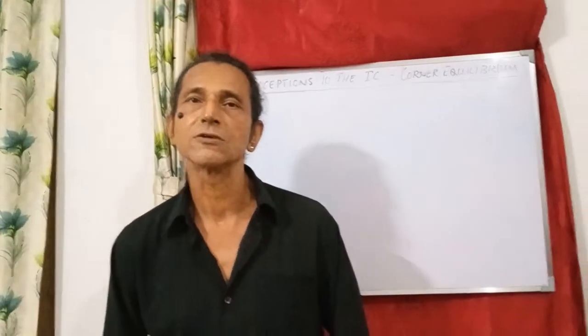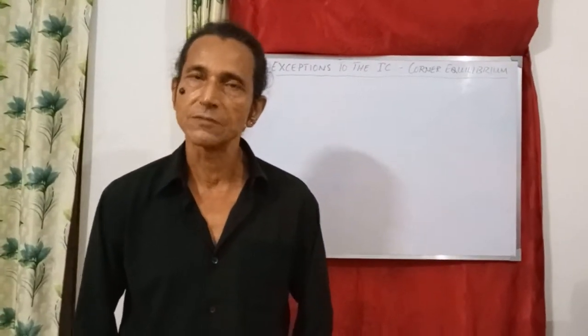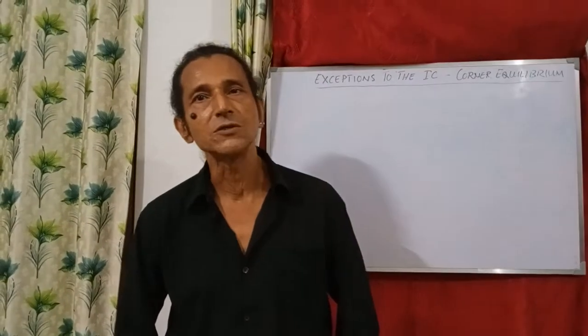Now, corner solution can happen in case of convex indifference curves, concave indifference curves, straight line indifference curves, that is purely substitute commodities, and right angled indifference curves, that is when the goods are complementary to each other.